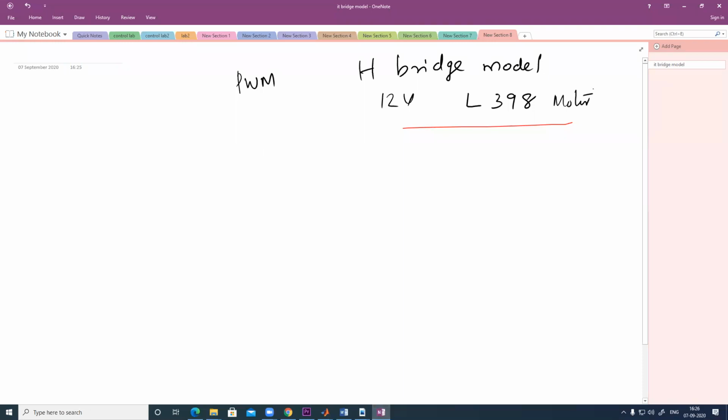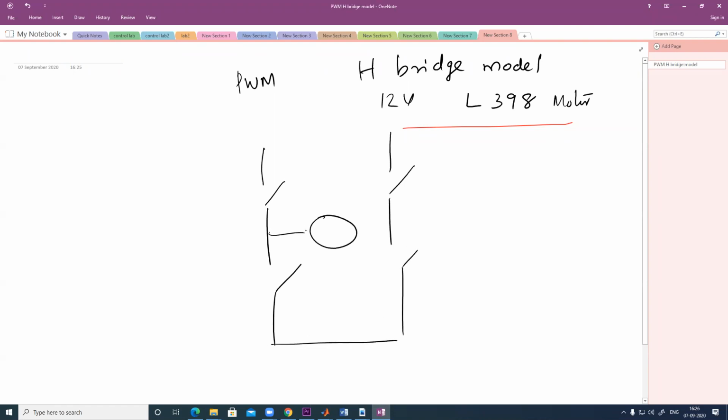So H-bridge is simply four switches are there. So here plus, here minus V you have to apply. And this is S1, S2, S3 and S4.